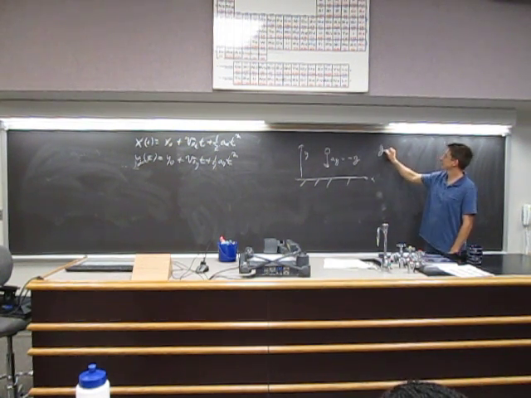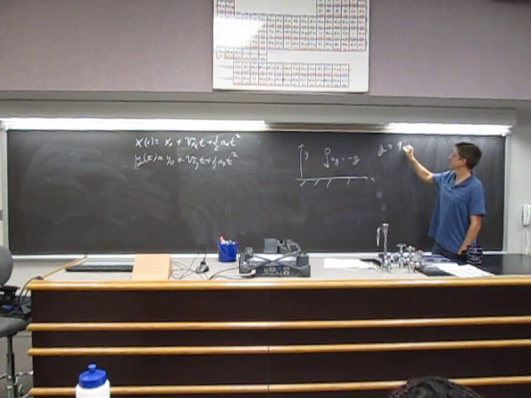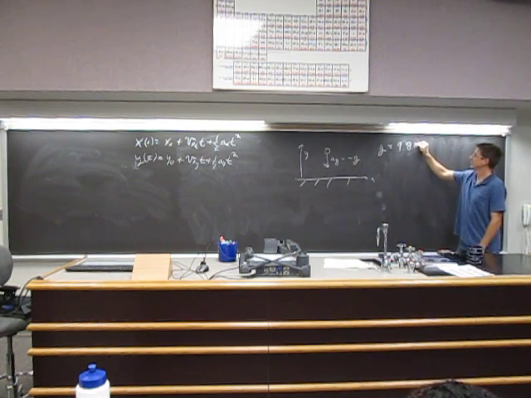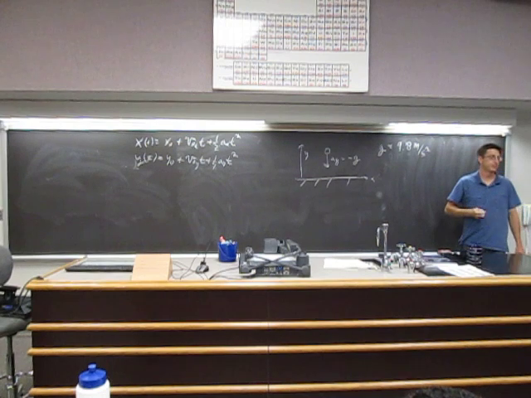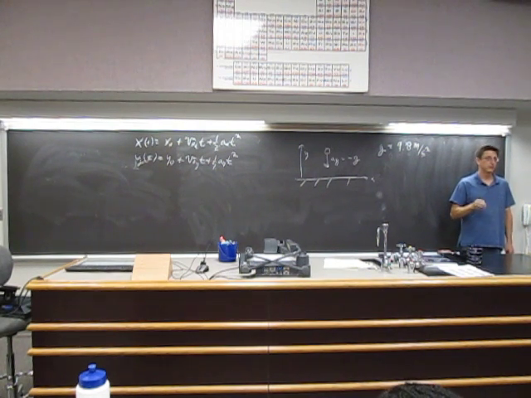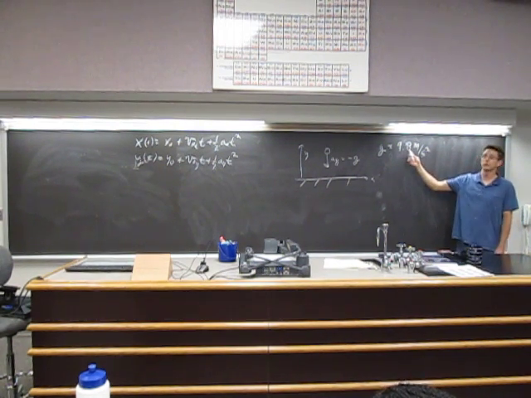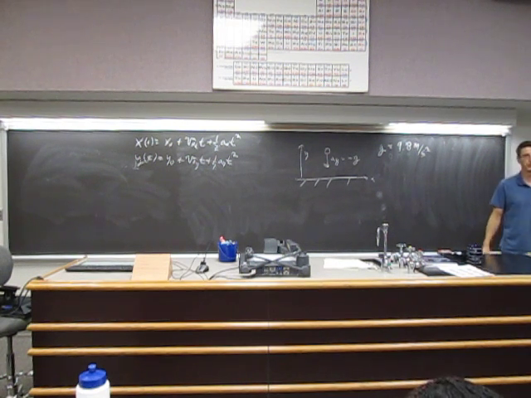And g is 9.8 meters per second squared. You will see the book tell you 9.81. That's probably true somewhere on Earth.